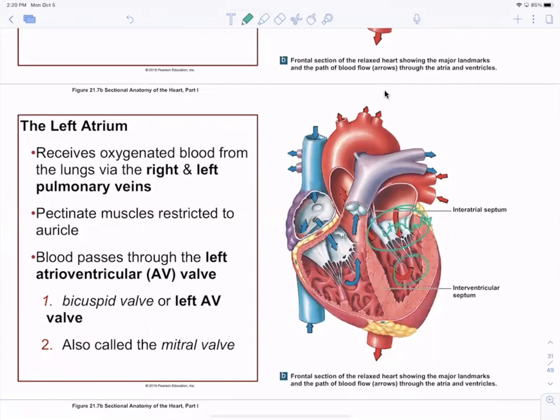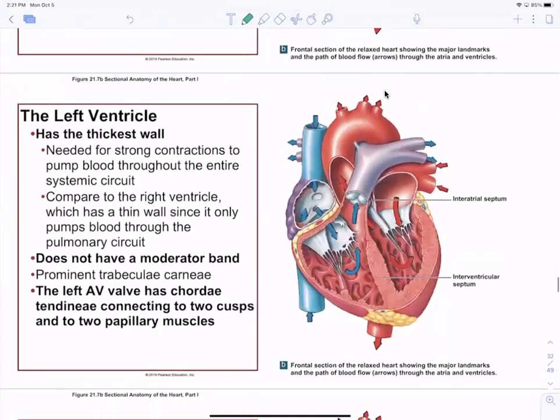And there are, in fact, chordae tendineae connecting the two flaps to two papillary muscles. No moderator band, it does not have a moderator band. Prominent trabeculae carneae because you have prominent muscles.